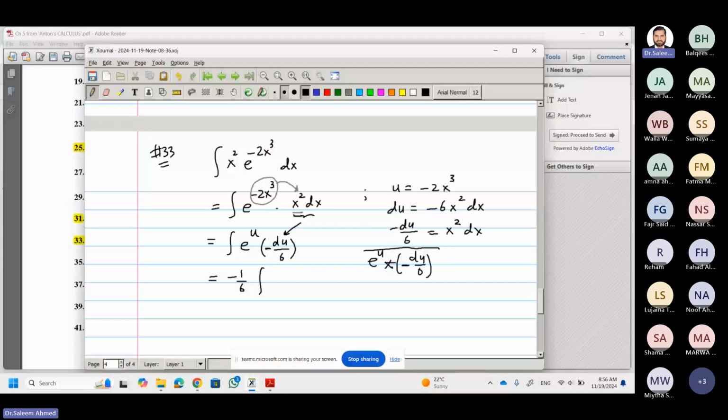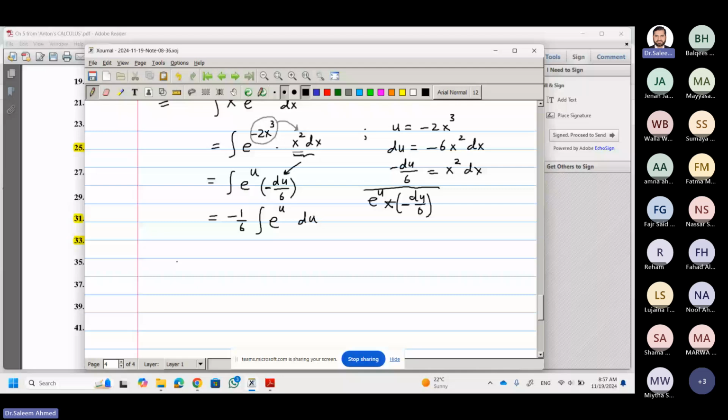Minus 1 by 6 is constant. And inside, I just have e^u du. So now here, I got the same integration. e^u has the same integration. Now at the end, I can replace the value. So minus 1 by 6 e to the power u, u is minus 2x cubed, plus c.